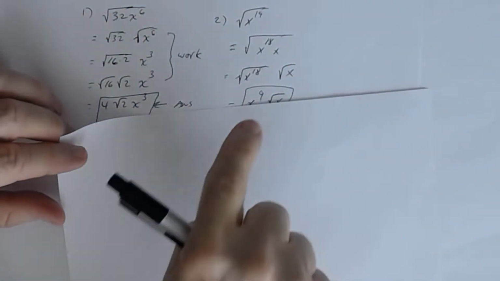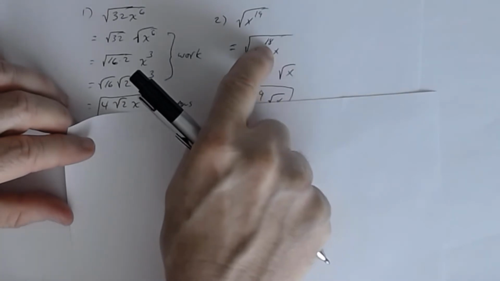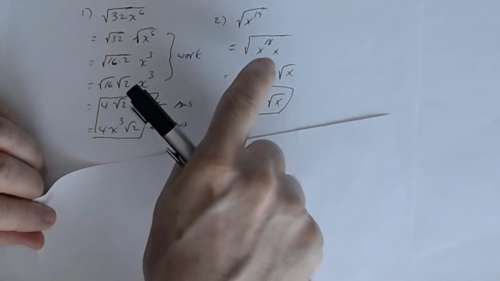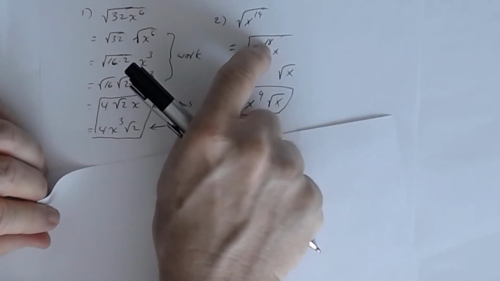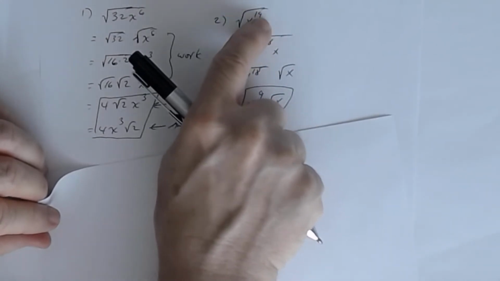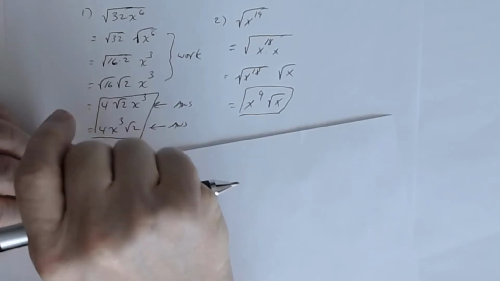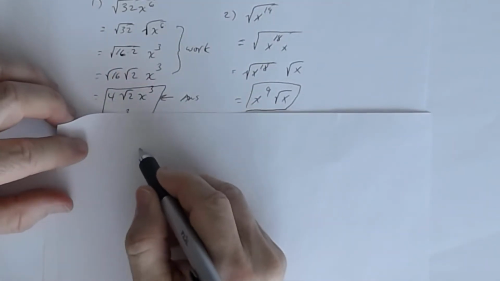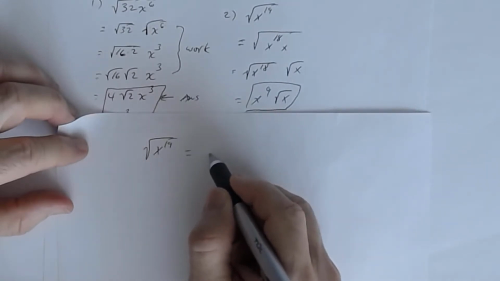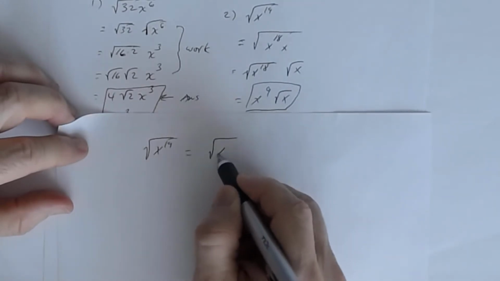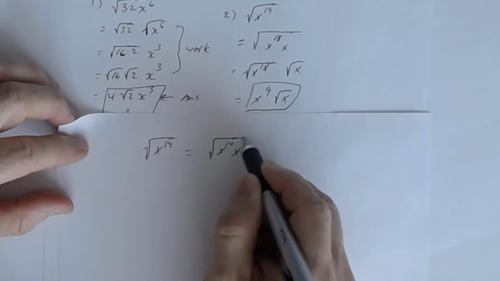You can get the same answer another way, but it's always easiest to use the largest exponent that's divisible by the index. You see it's not a lot of steps. For example, someone else could have written this as the square root of x to the 10th times x to the 9th.